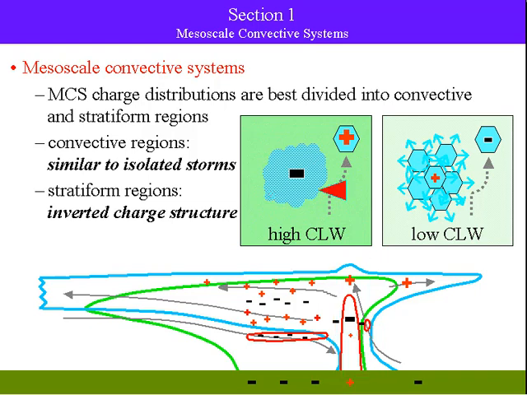Within the stratiform region of the MCS, we have a much more complex picture of the charge structure. We have a much lower cloud liquid water content and predominantly aggregated ice particles rather than graupel. As these aggregates, which have collected some rime, collide with the smaller ice crystals, the aggregates take on a positive charge, and the ice crystals take on a negative charge.